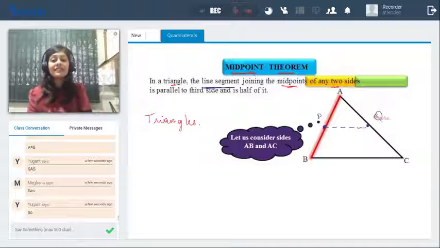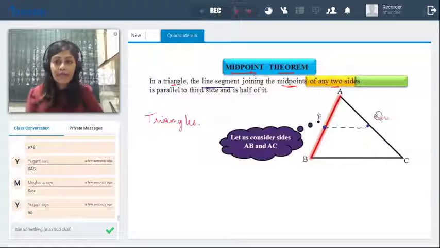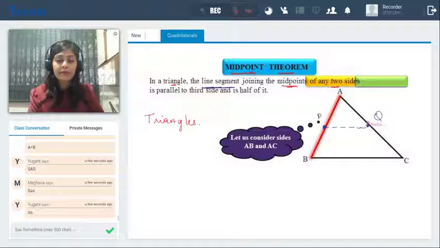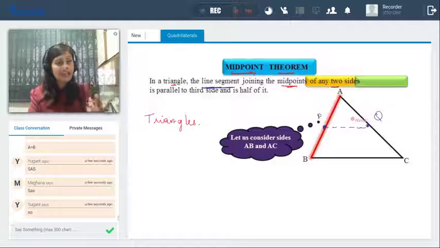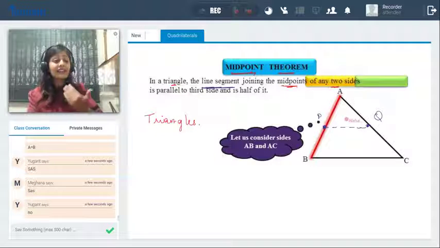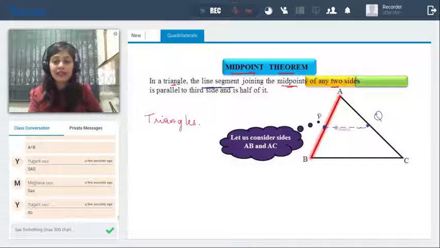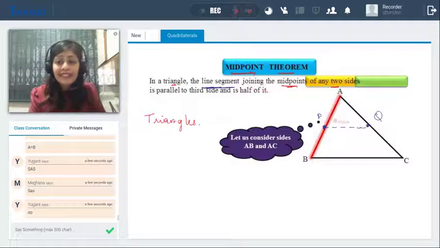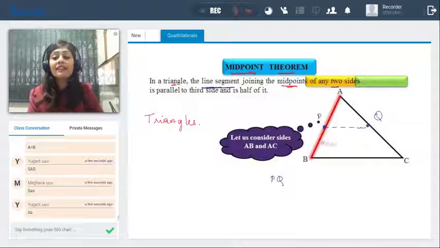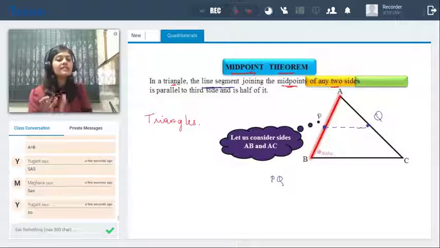Now, if there is a line segment joining midpoints of any two sides of a triangle, then what do we know? That this line segment PQ is parallel to the third side. Students, which is the third side?